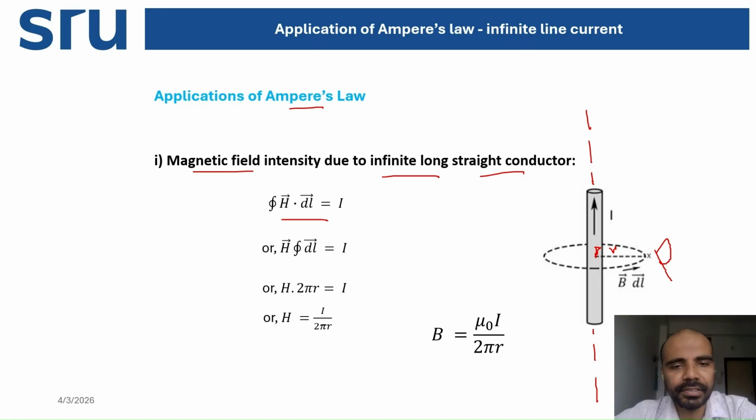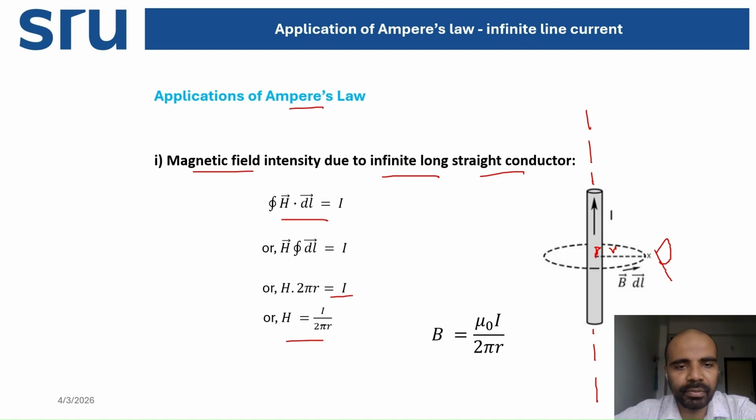The circumference of this circular loop is 2 pi r. So the line integral of dl will give you 2 pi r, the circumference of this circular loop of radius r. So H times 2 pi r equals I.